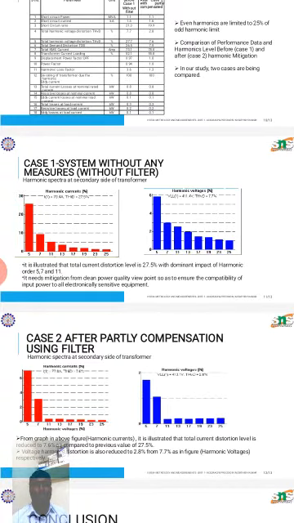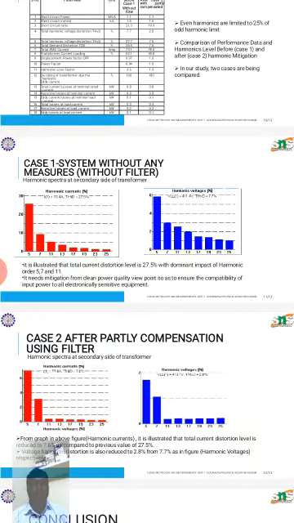It needs mitigation from a clean power quality viewpoint so as to ensure the compatibility of input power to all electrically sensitive equipment. Apart from reducing thermal effect, inaccuracy and malfunction must be avoided by eliminating, or at least bringing down to acceptable limits, as defined in the table below.